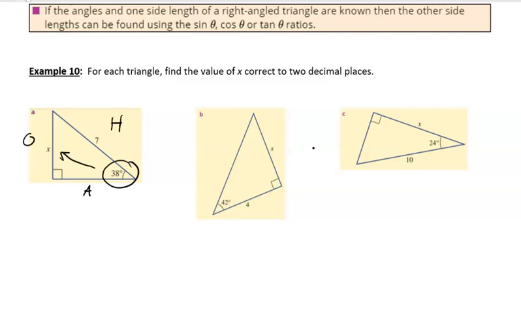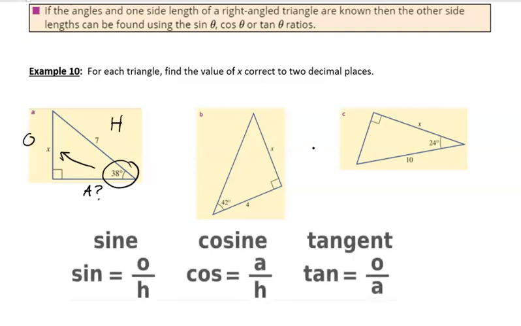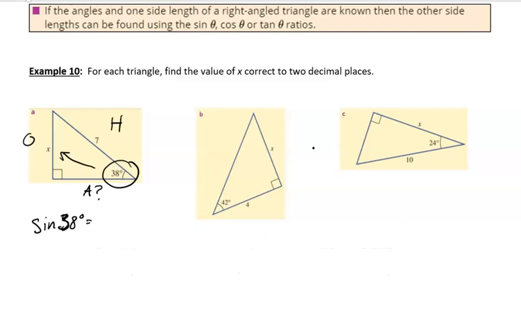I don't know what the adjacent equals, but I have an O and I have an H. That tells me I'm looking for the sine. So the sine of 38 degrees is going to be O, opposite side, over H, where our opposite side is x, and 7 is our hypotenuse.